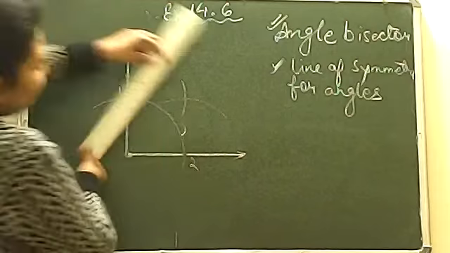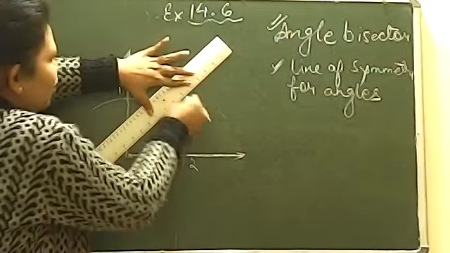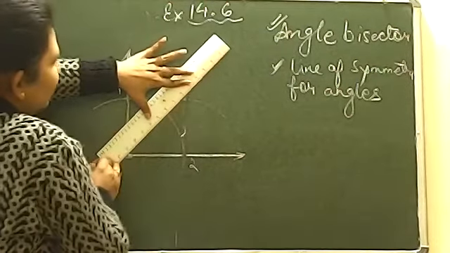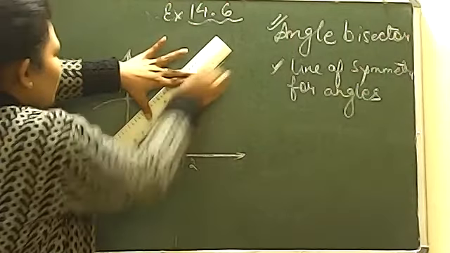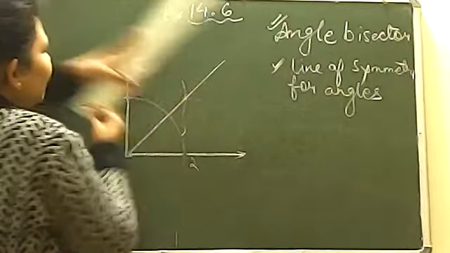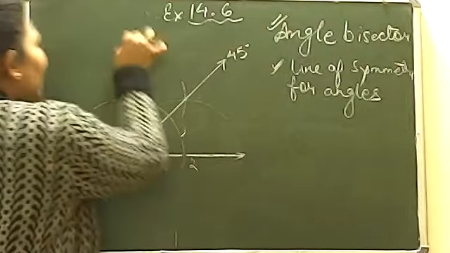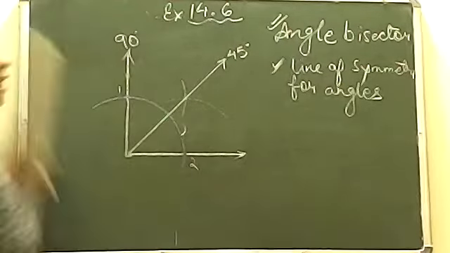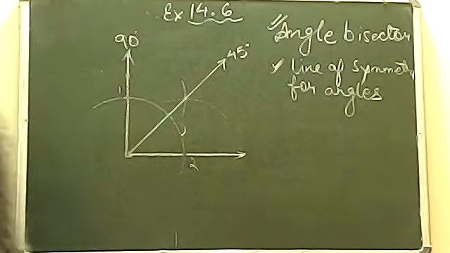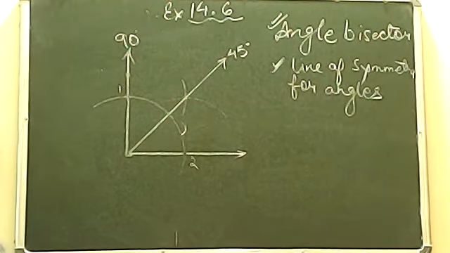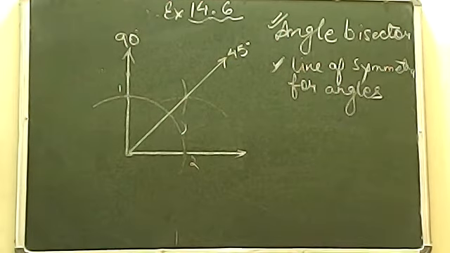Now if you join this middle line with the vertex, it will give you an exact 45 degree angle. This line will be 45 and this whole angle was 90. If you want, you can cross-check with the protractor also, and you will get the exact measurement of 45.